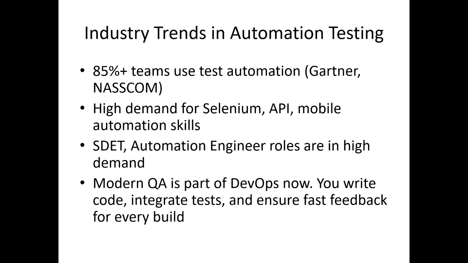Nowadays, tester means not only writing scripts. They write a script, push that code to the repository, then create a Jenkins job and run the Jenkins pipeline. So it is a combination of QA, which means quality assurance, the tester, and DevOps. The combination of QA and DevOps is now modern QA.